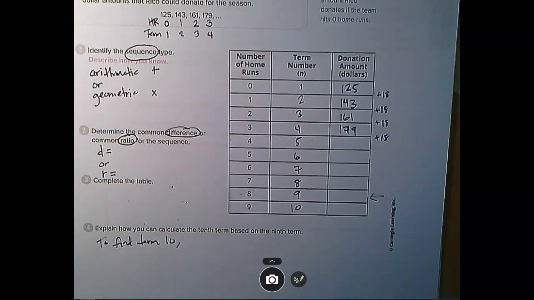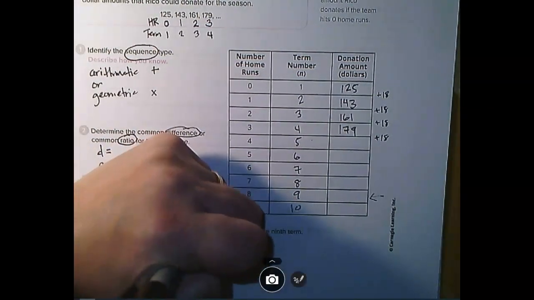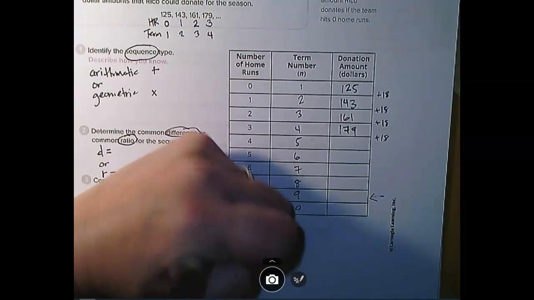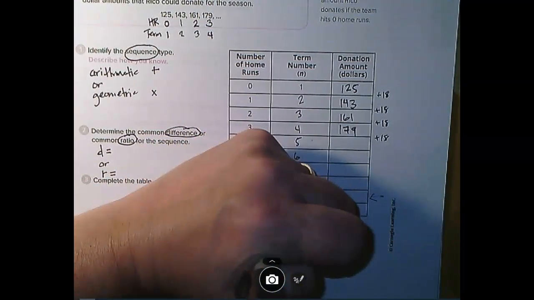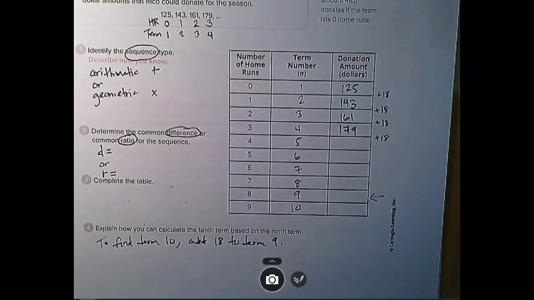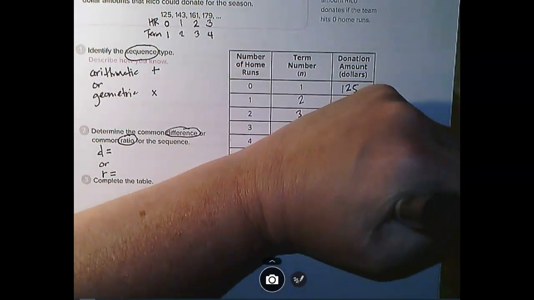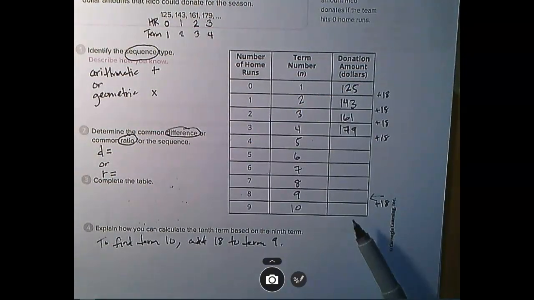You're going to add 18 to term 9. So add 18 to term 9. So you'll find term 9's dollar amount, and then you'll add 18 to find term 10's dollar amount.